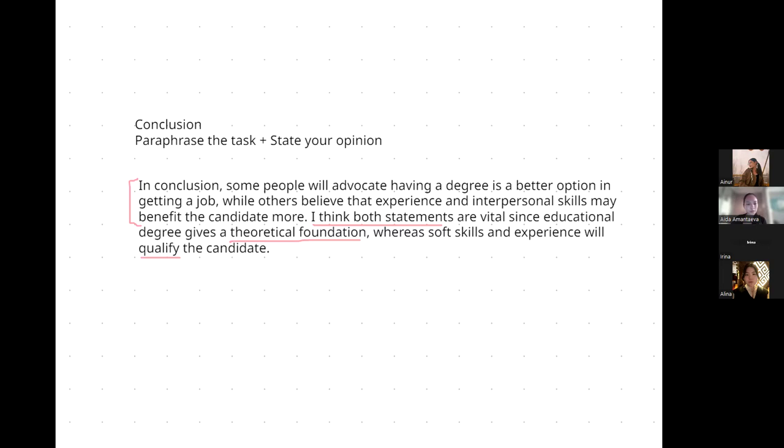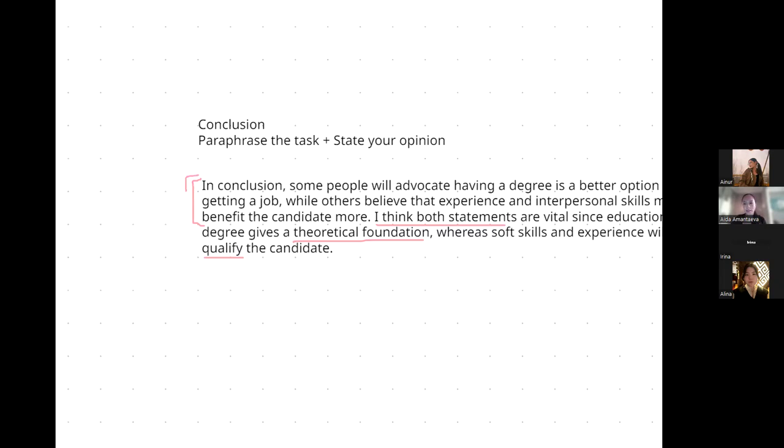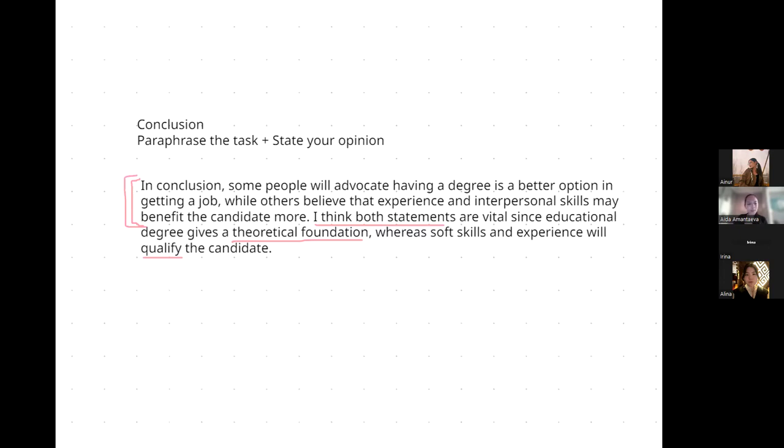And then since you believe getting a degree is better, you wrote, I think getting a higher education degree is more important, especially if you'd like to work in prestigious work and have a better wealth.